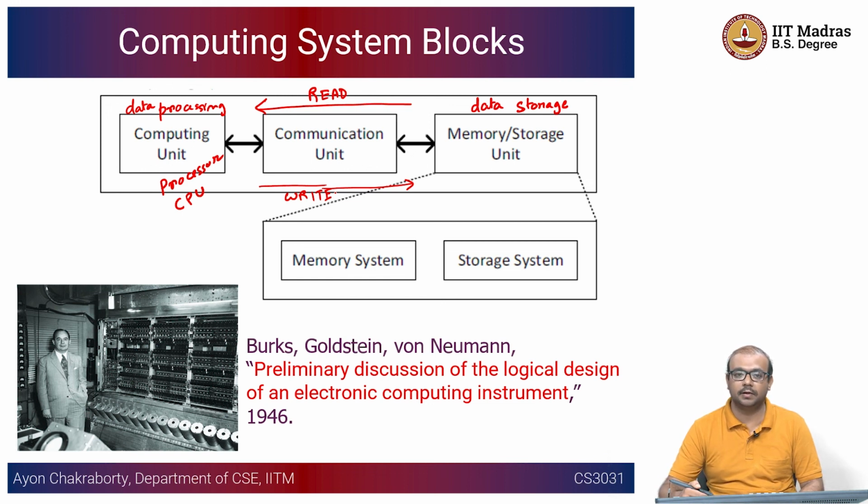And this is what we have realized today. All computing systems today typically have these three blocks. The title is Preliminary Discussion of the Logical Design of an Electronic Computing Instrument. Maybe the word computer was not very prevalent in the 1940s, so they called it an electronic computing instrument.